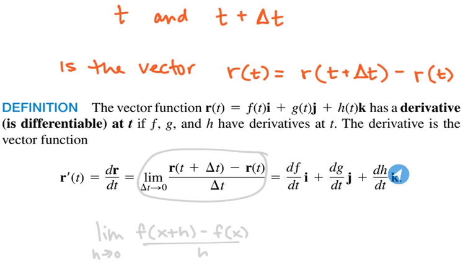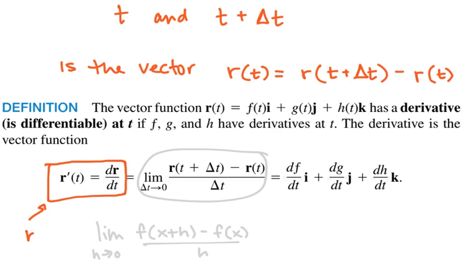So really, all the shortcut part of this definition is saying is, hey, differentiate each of those parametric components. So we have the derivative of f with respect to t, the derivative of g with respect to t, and the derivative of h with respect to t. These two notations here, r prime of t, dr dt, they mean the same thing.